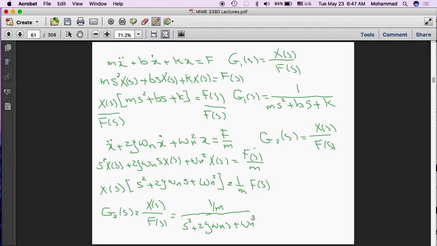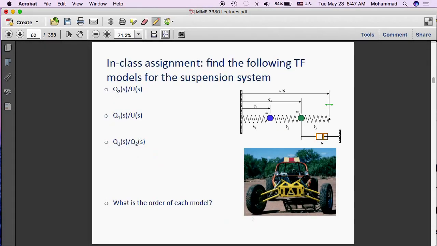Here's the reason we did that: to prepare for this system. In this system, you already have the 2 second-order differential equations. You just need to flip back a few pages and find those 2 differential equations.